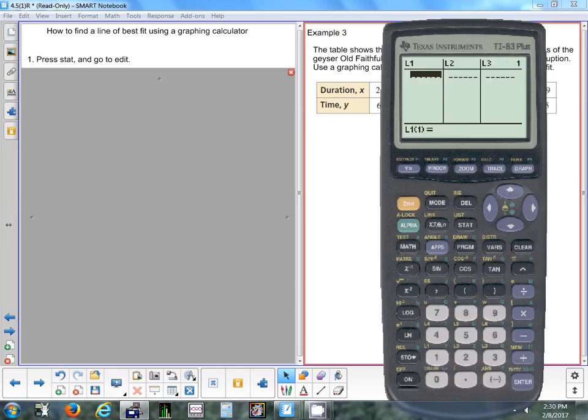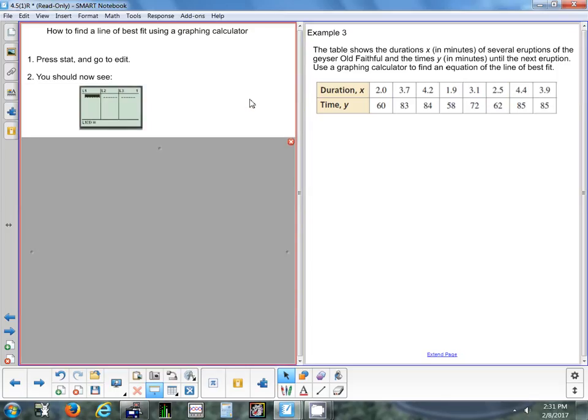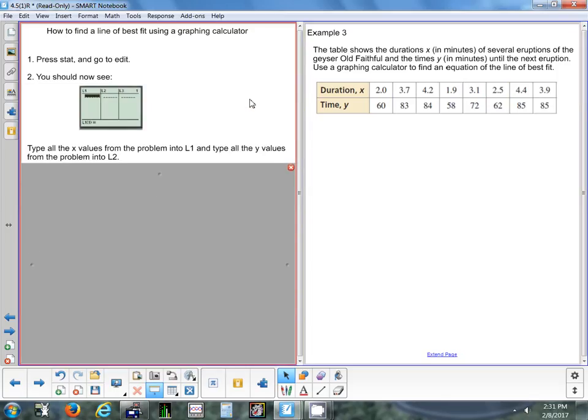Press enter. Okay, is there anybody that's not at this screen? You should have L1, L2, and an L3 after it. All right, now you should see that screen.